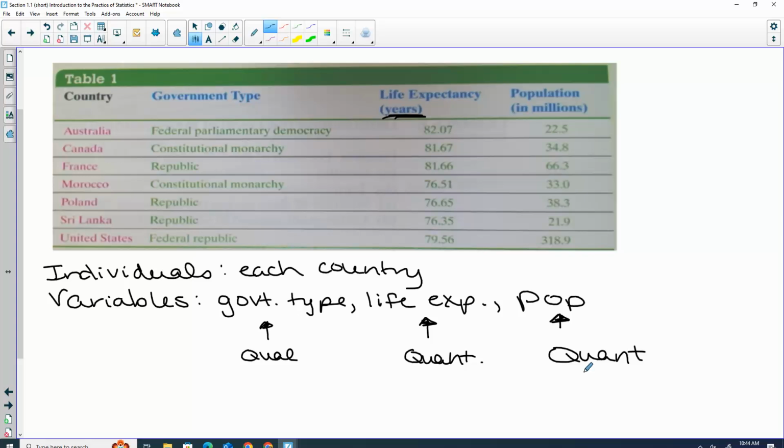Looking at those quantitative variables, let's decide if they're discrete or continuous. Life expectancy. Okay, measured in years, but does it have to be round to the nearest year? No, it could be round to the nearest month, or day, or hour, or minute, or second, right? So that would be continuous.